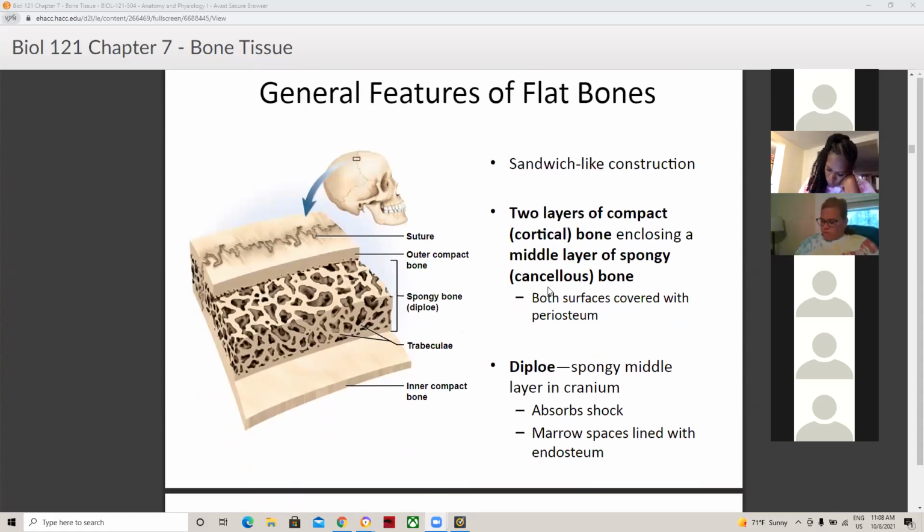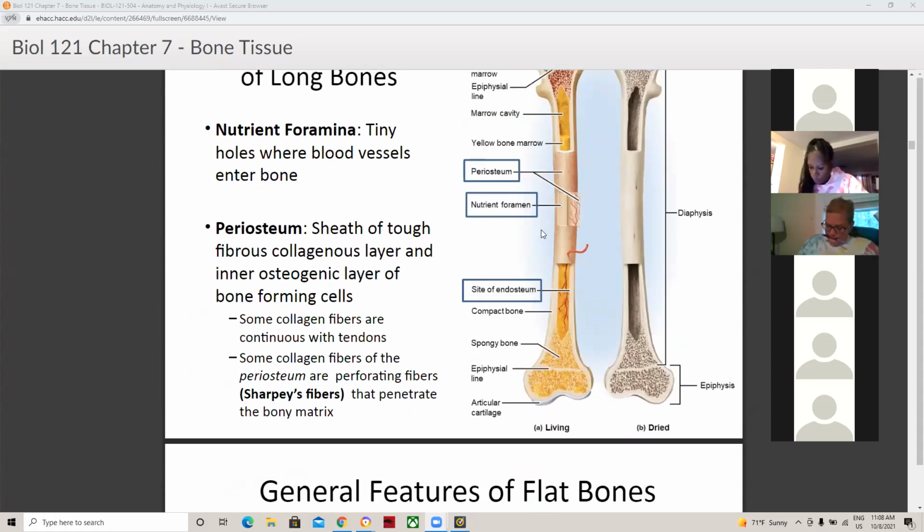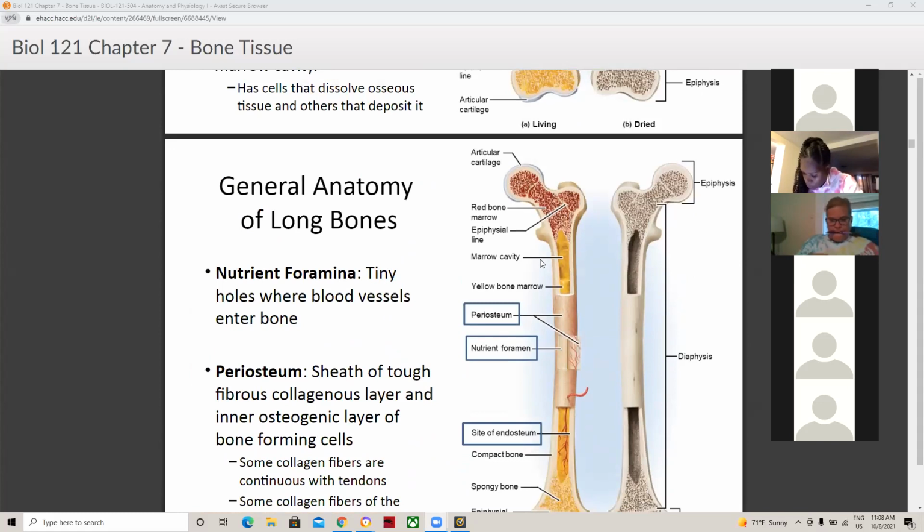So before I keep going, any questions about the general anatomy of long bones?